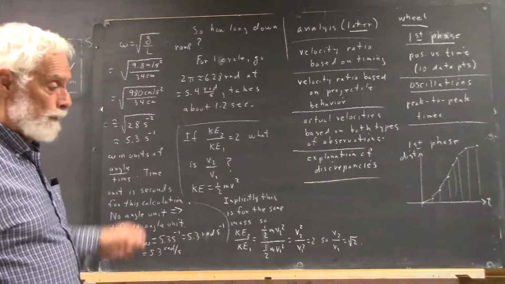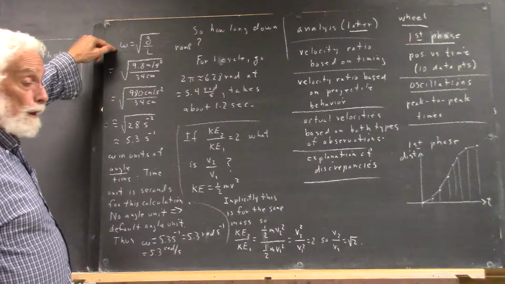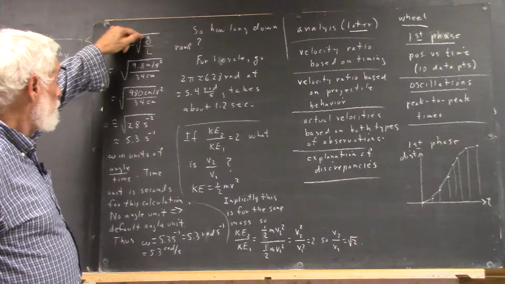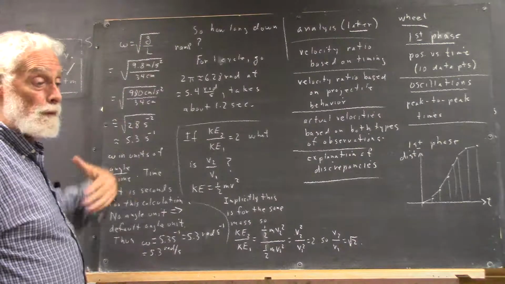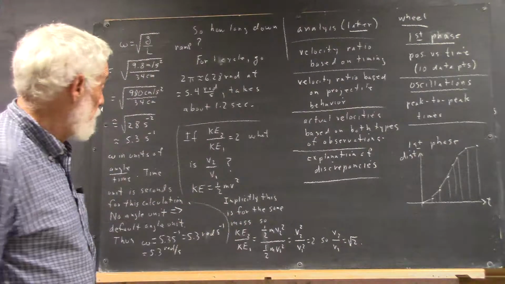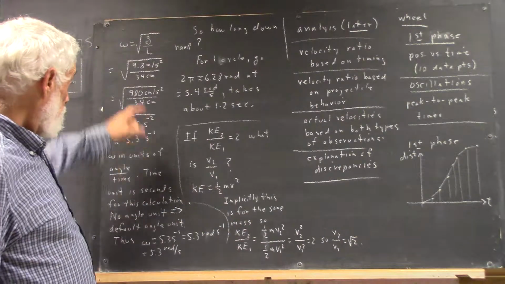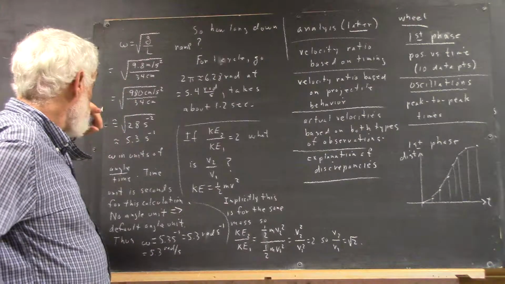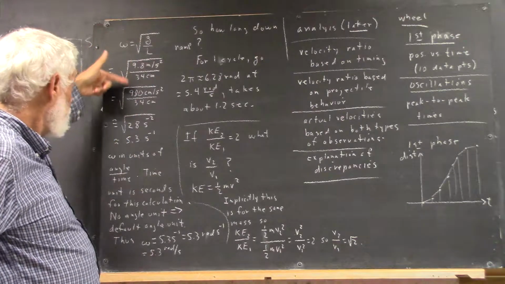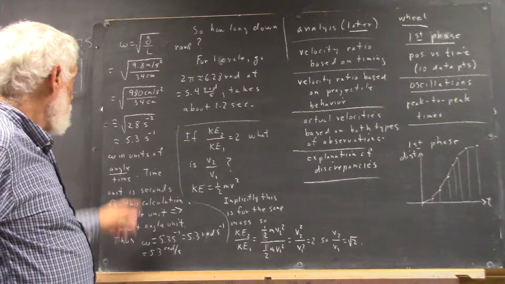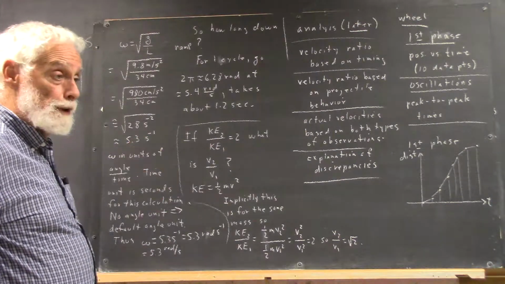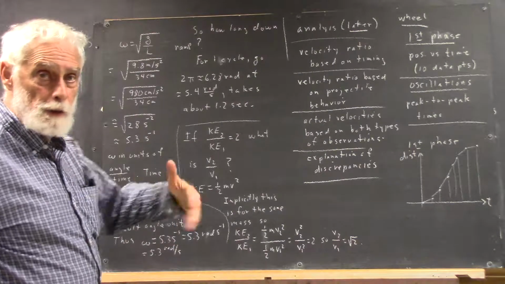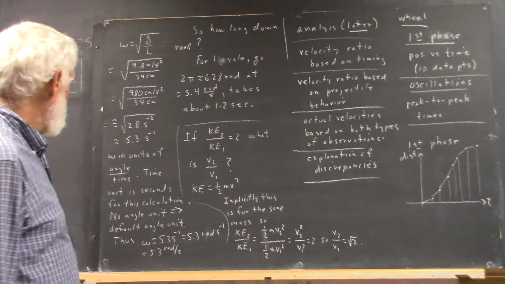However, as a good approximation, we're going to use omega equals square root of g over L for the angular frequency of the motion of the pendulum, with L equal to 34 centimeters. The calculation is very straightforward, and here it is, and I estimated 5.3 reciprocal seconds, and it turns out it's more like 5.4 or maybe even 5.5.